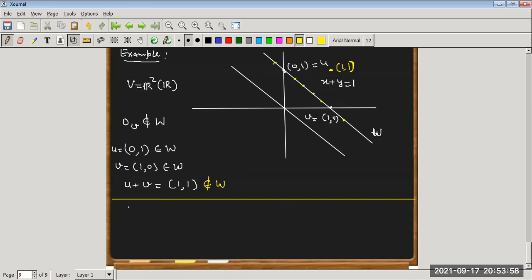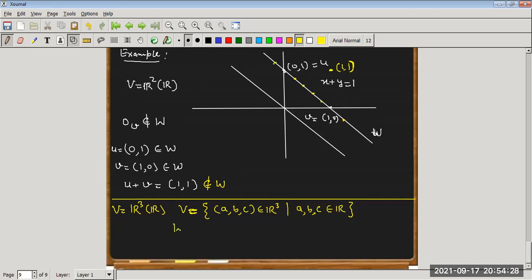In any question, let us talk about R3. If a vector space V equals R3, the elements of R3 are in the form (a, b, c), where all entries a, b, c are real numbers. So this is a vector space, which we have already proved.